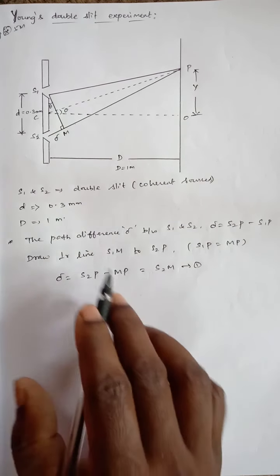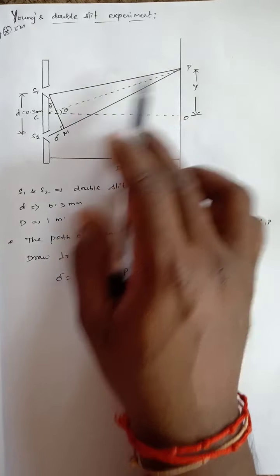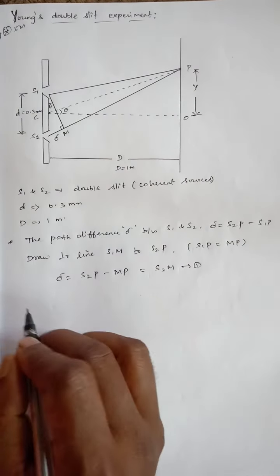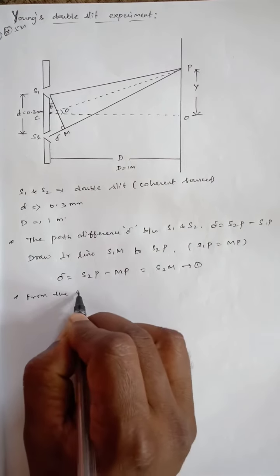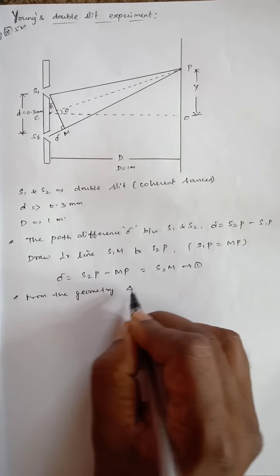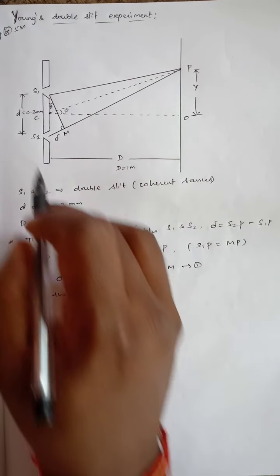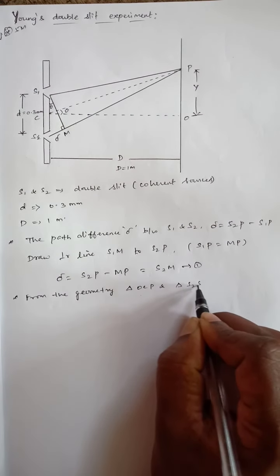From the geometry of the triangles OCP and S2S1M, these two triangles are there, no? So from the geometry of two triangles, OCP and S2S1M, triangle S2S1M.